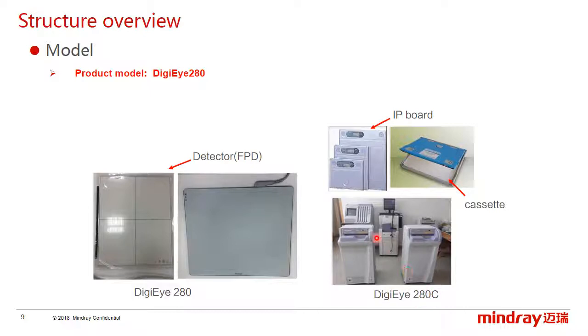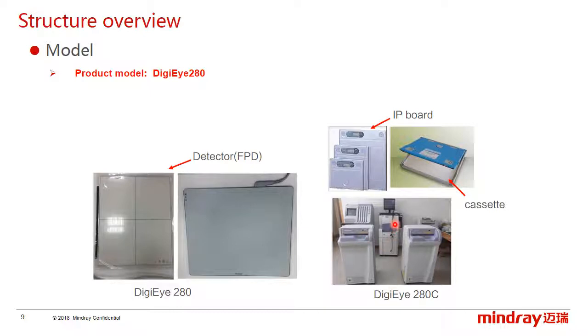The system has 2 different models, DigiEye280 and 280C. So, what is the difference between these 2 models? DR280 can be configured with a detector and use the detector to receive the X-ray and display it on the workstation.